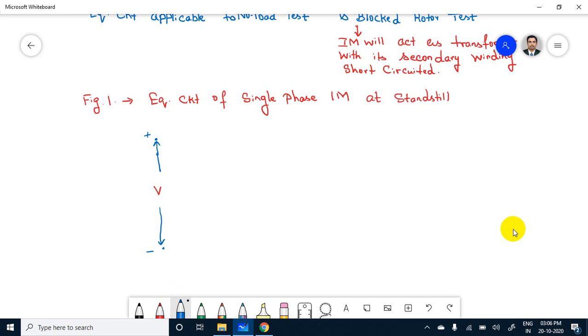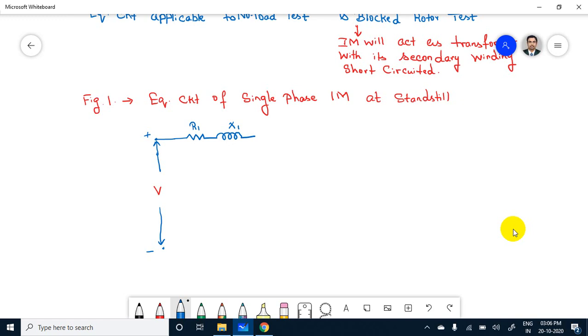And once you give the voltage, then it will be connected to the stator. Okay, it is connected to stator. Stator is having winding. Okay, and the notation here for resistance R1, the reactance X1. Understand?